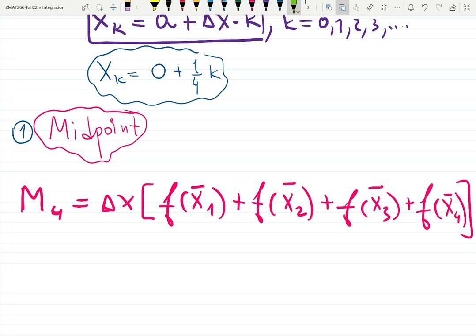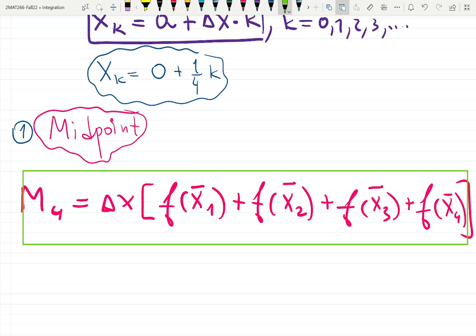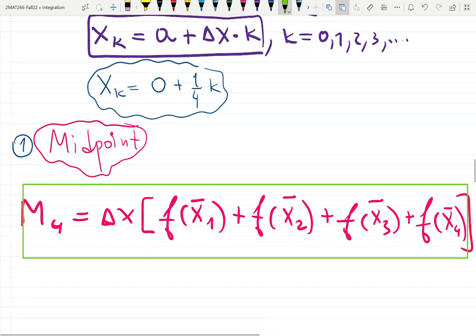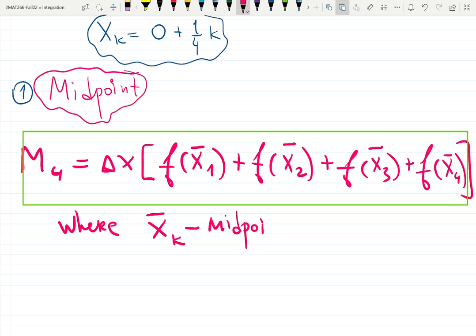I only stopped, as you can see, at 4. I have 4 intervals. So I need to find midpoints, where x sub k bar are midpoints. That's why it's called the midpoint method.